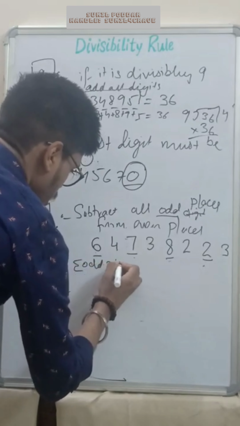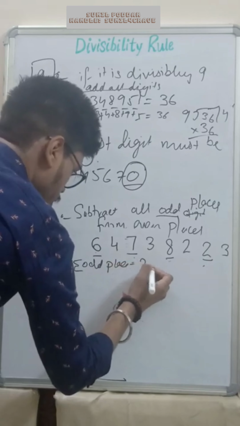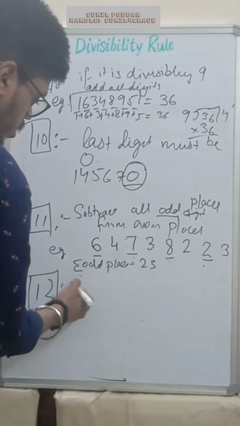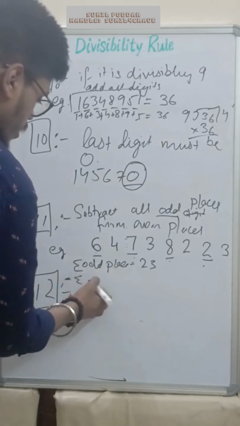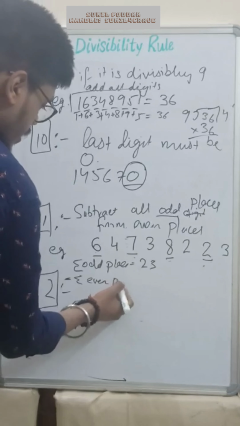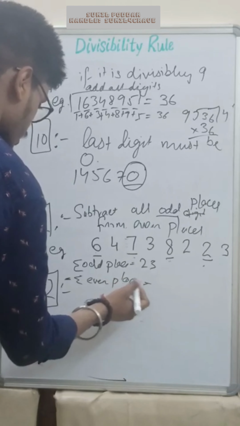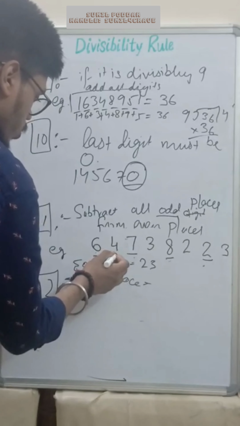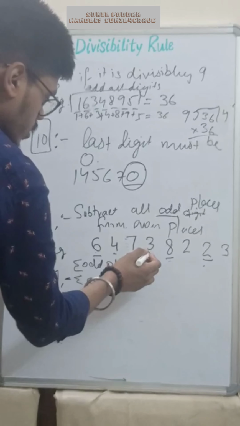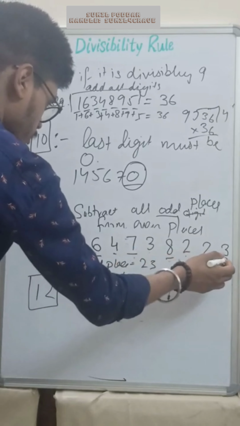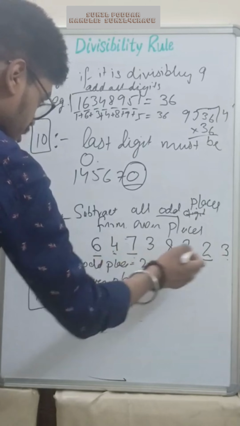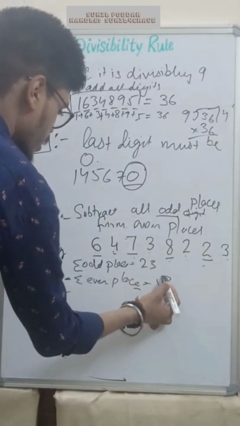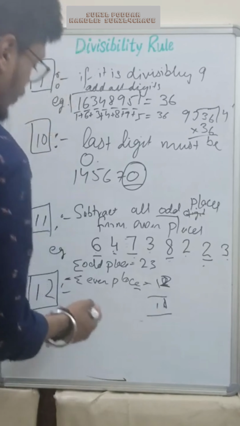Now subtract the sum of the even places. The even places are 2, 4, 3 plus 2 plus 3, and your answer comes out 11. You have to subtract that. After subtracting, the difference is 1, so the number is completely divisible by 11.